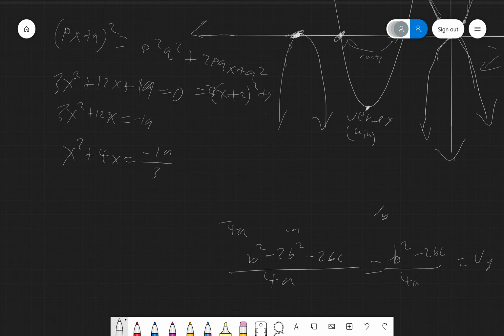Then what we do is we complete the square. So let's say we had x plus h squared equal to x squared plus 4x plus some number. Actually, what we're asking is what binomial we have to square.